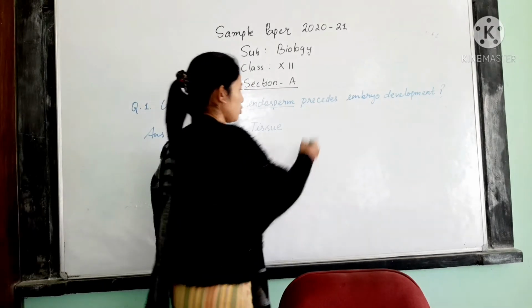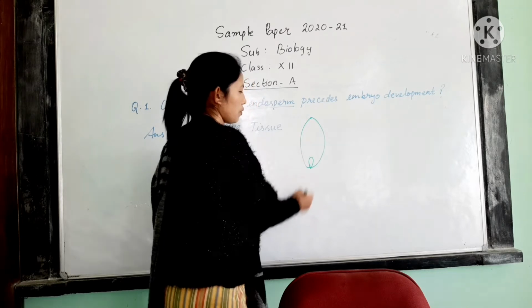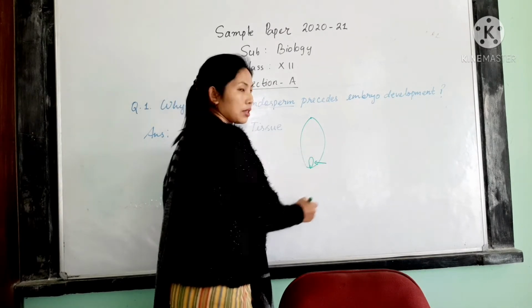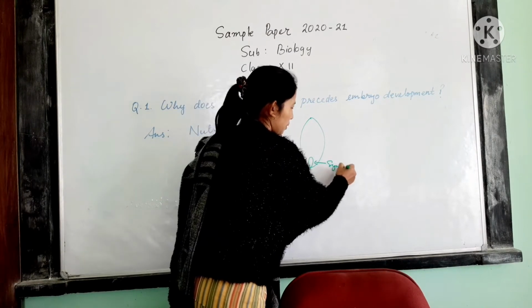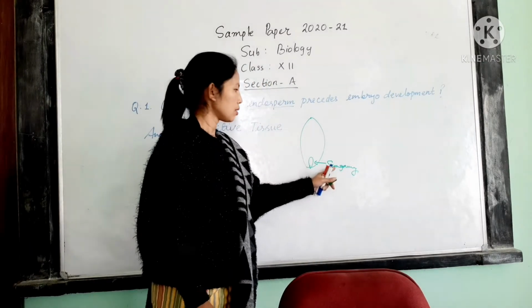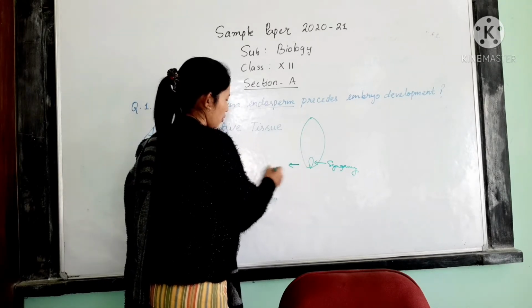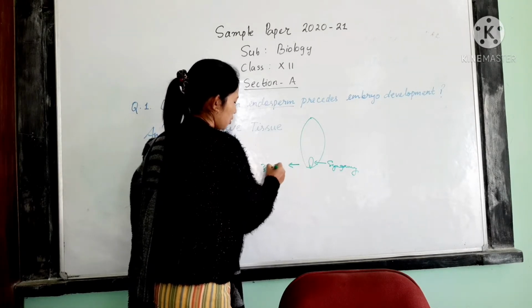So if I draw an embryo sac here, the egg is fertilized by the process called syngamy, which results in the production of the zygote.